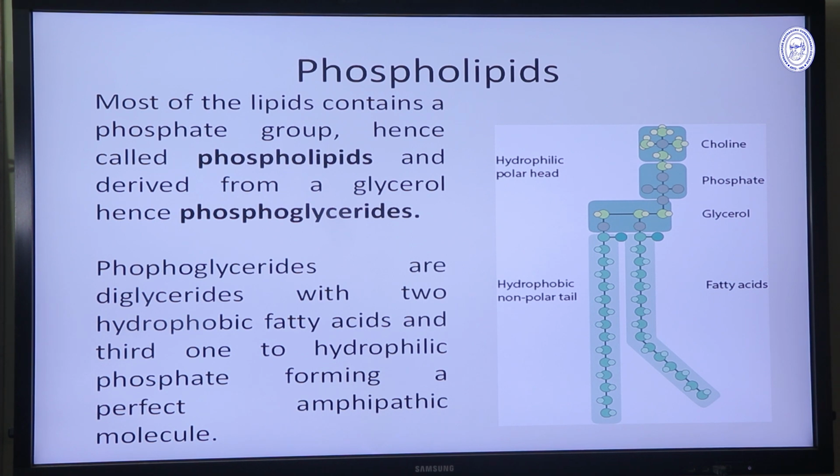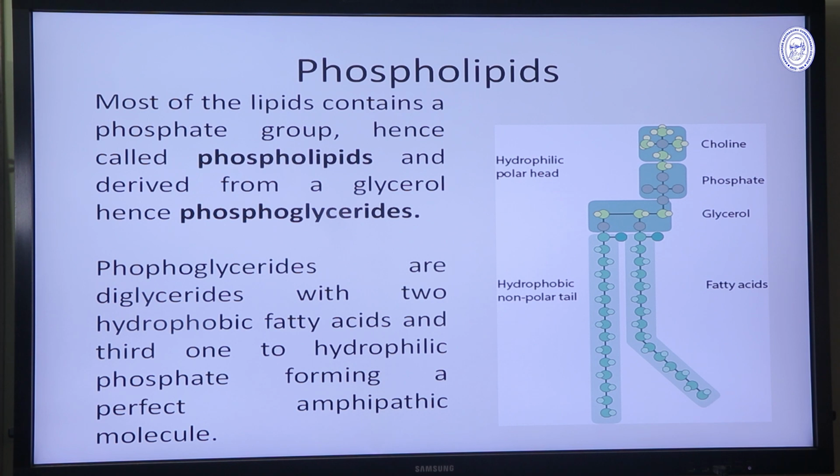The phosphoglycerides here in case of membrane is diglyceride, as they have only 2 hydrocarbon chains or hydrophobic fatty acyl chains. That is why they are called diglycerides, and the third carbon, as I have already told you, is attached to a phosphate.